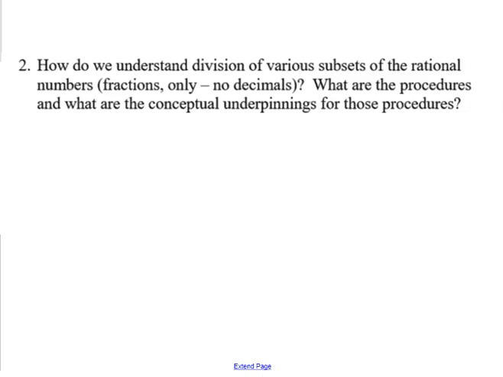All right, so how do we understand the division of various subsets of rational numbers? Basically, fractions, only no decimals, and then what are the procedures and what are the conceptual underpinnings for those procedures?